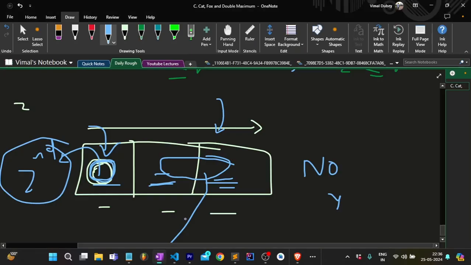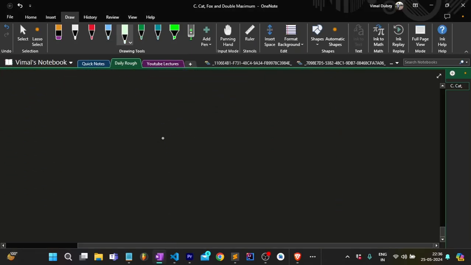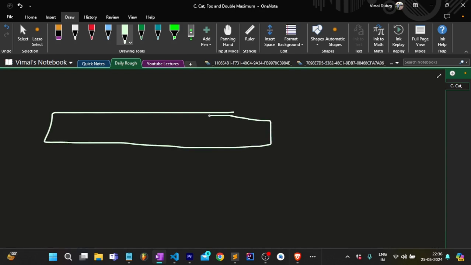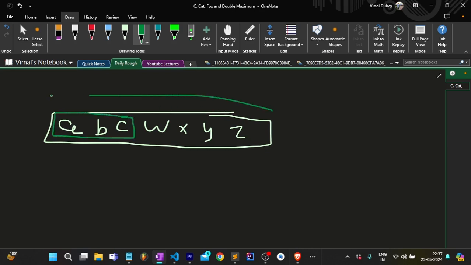There are some observations here which I will try to make. What is the first observation? Let's suppose this is my given array, with elements A, B, C, W, X, Y, and Z. Now can I say, guys, that if I choose 3 elements, then I can make the complete array equal to the element at the mid position, with those 3 in sorted order?